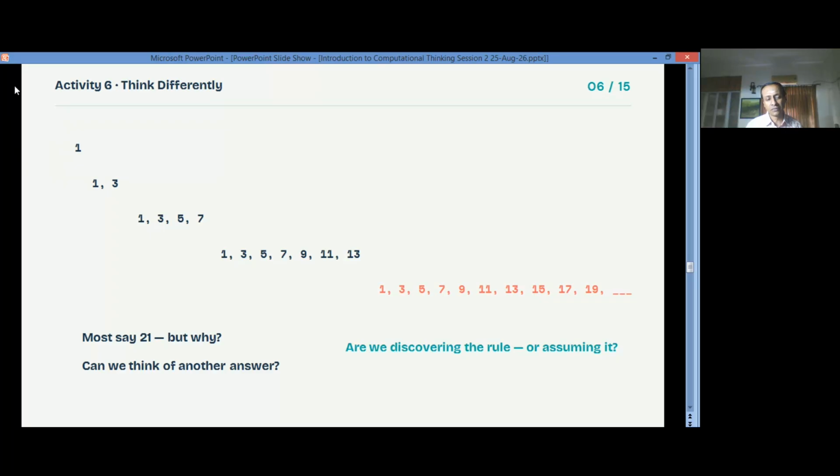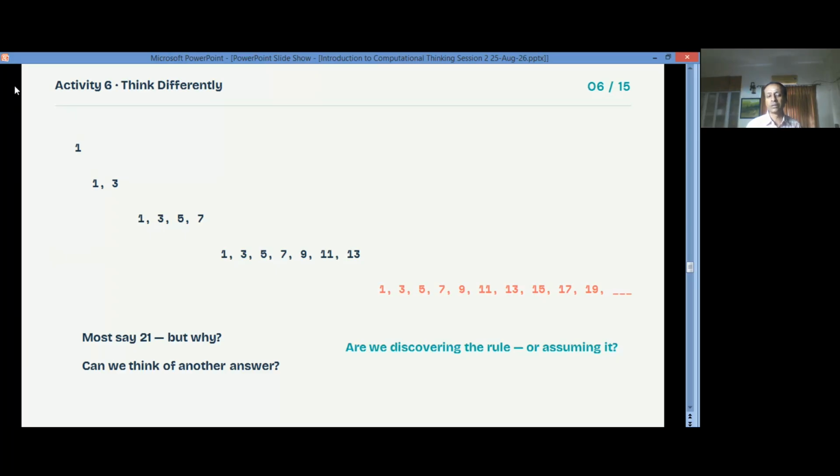So this is another very simple pattern. Now, the very easy and intuitive first answer that comes to our mind is 21. Because as you could see, these are all odd numbers, right?